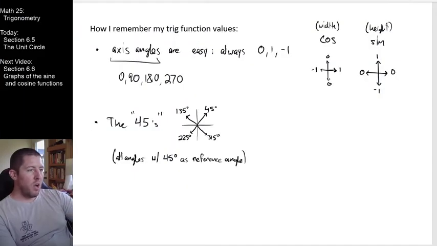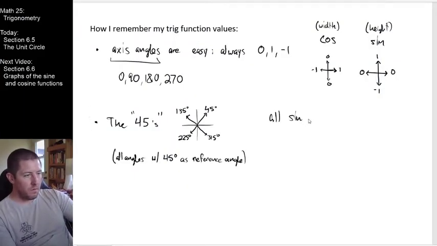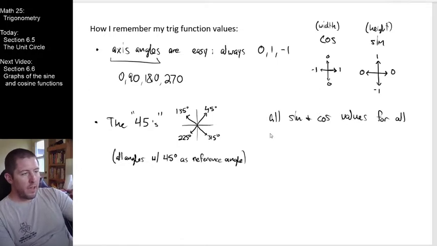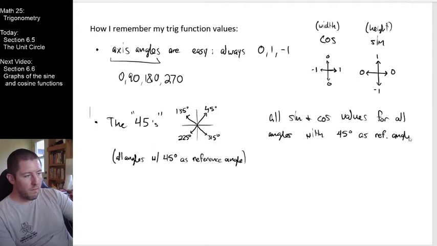All right, so all sine and cosine values for all angles with 45 degrees as the reference angle give plus or minus root 2 over 2 as the answer.